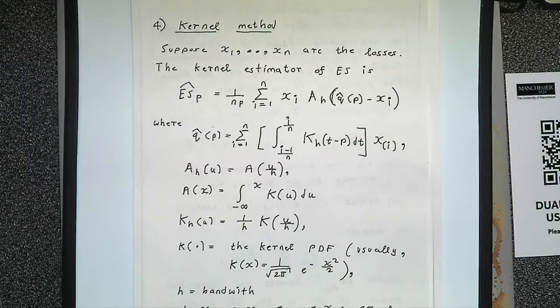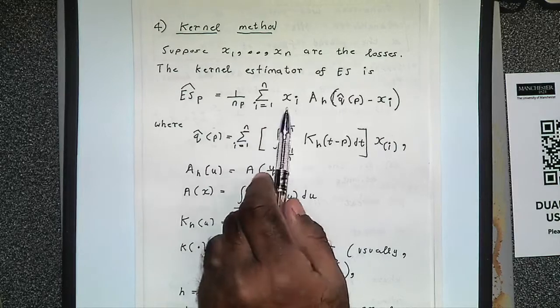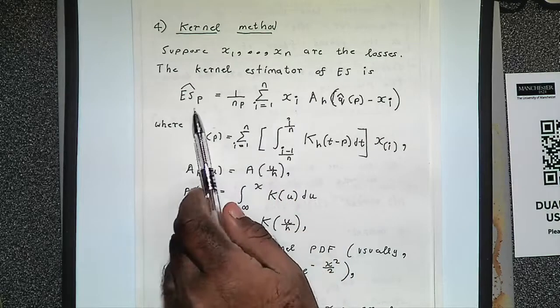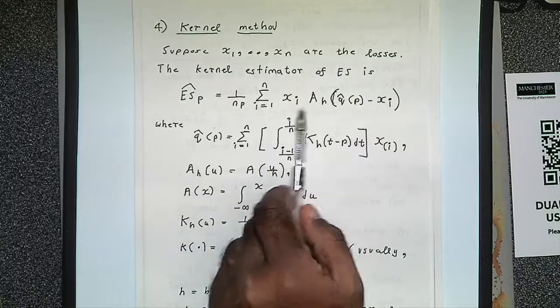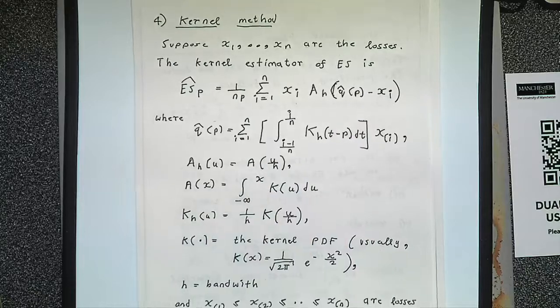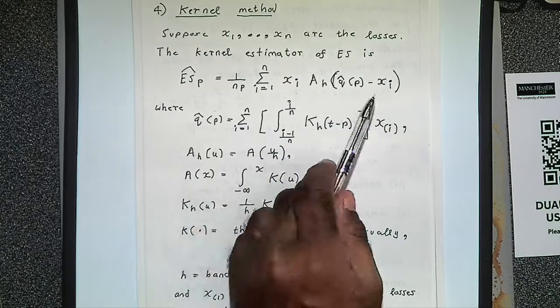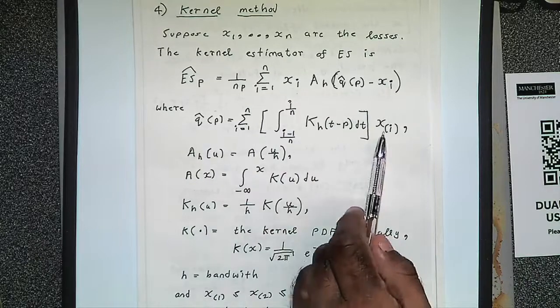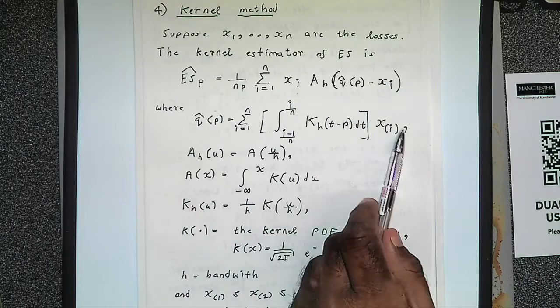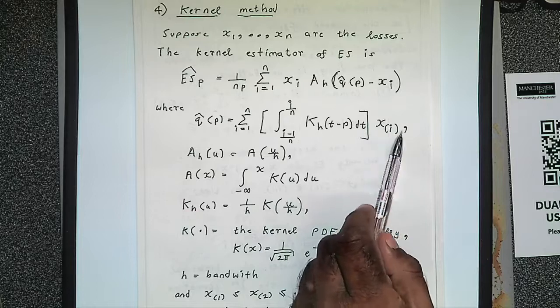So this is again similar to the Kernel method that I talked about last week. So you have the losses, and the formula for the kernel estimator for expected shortfall is given by this. I know it's a complicated expression, but don't worry, I will explain what each of these things is. Q hat is given by this formula, where these are the data in the arranged increasing order, right?